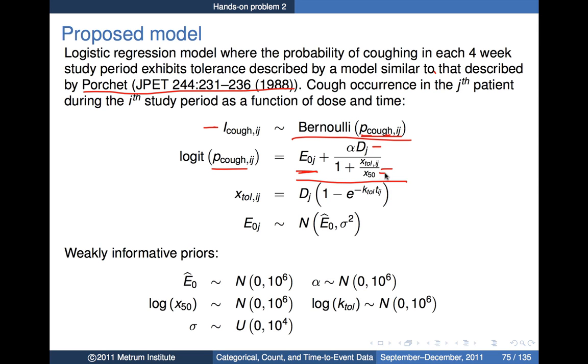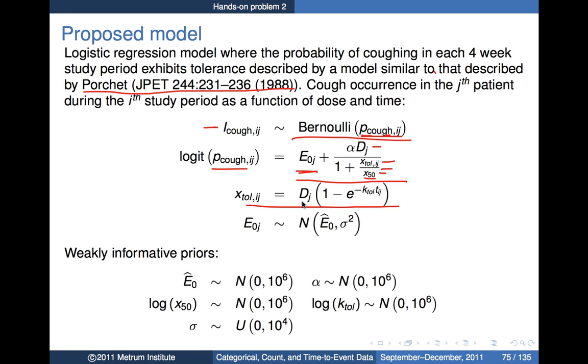The thing in the denominator, called x50, is related to the tolerance. It's just a fixed parameter there. And then we have on top here, this x_tol_ij, is actually a function, in this case a function of both dose and time, and that's described right here.